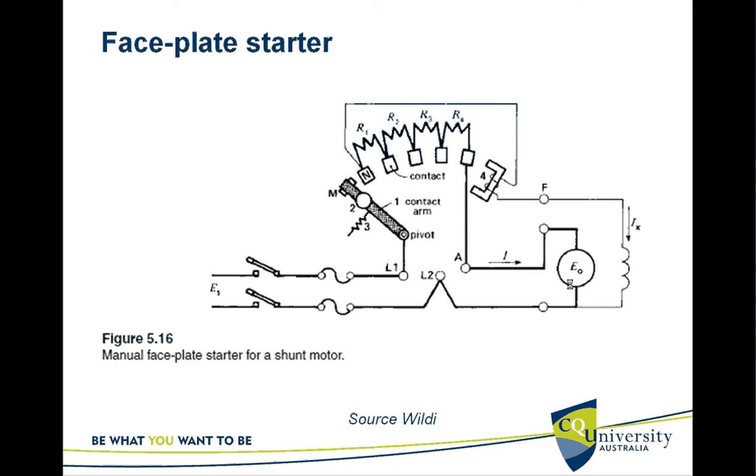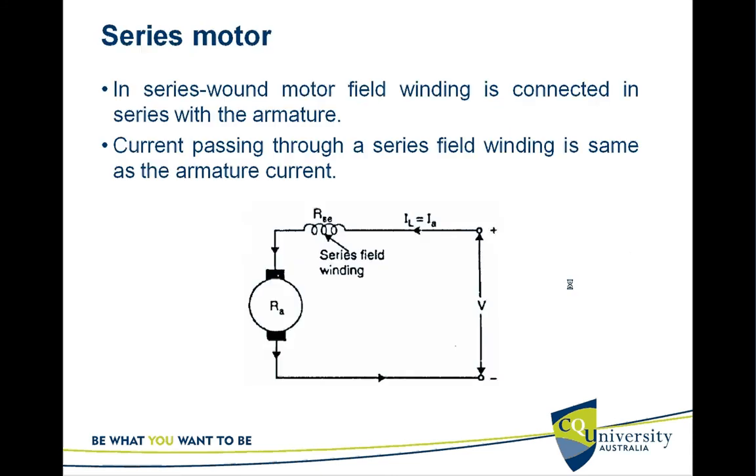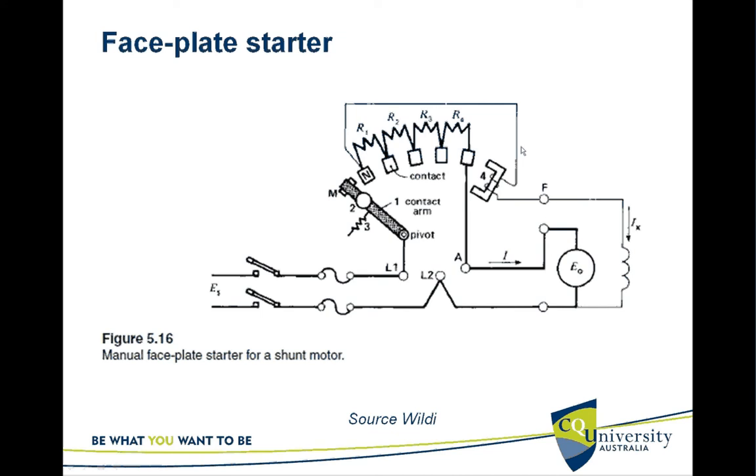So what do we do? This is one way of doing it. It's called the faceplate starter. What you do is, there are a couple of resistances connected in series and there are some contact points, and this is the arm which is used to start the motor.